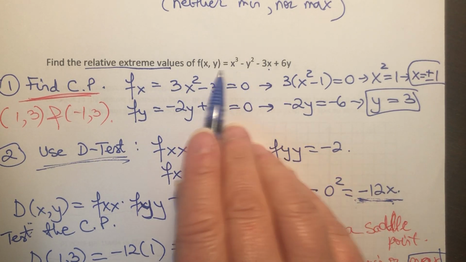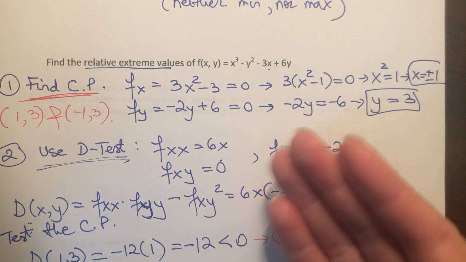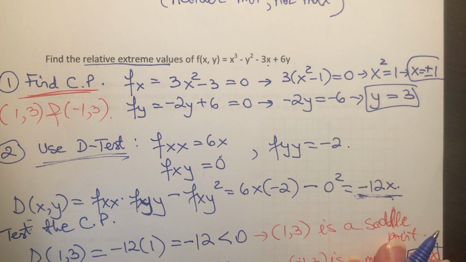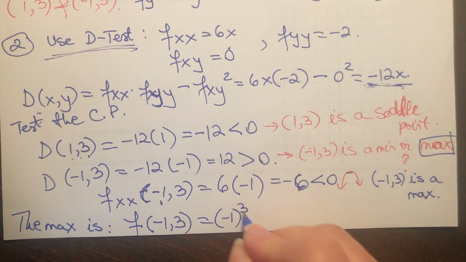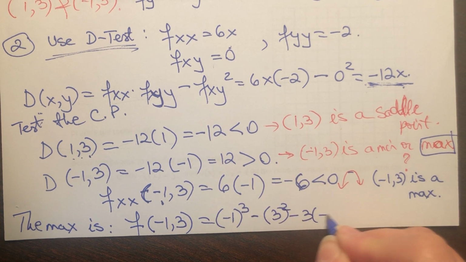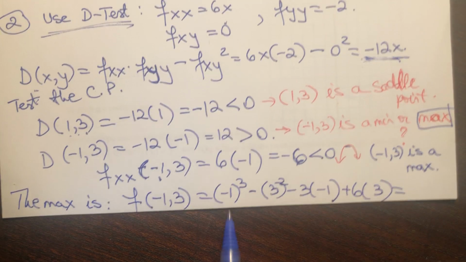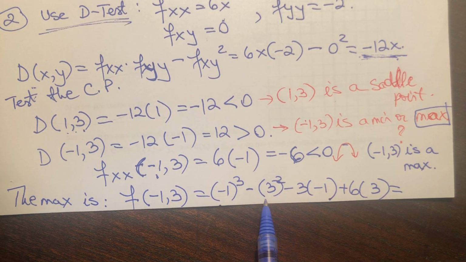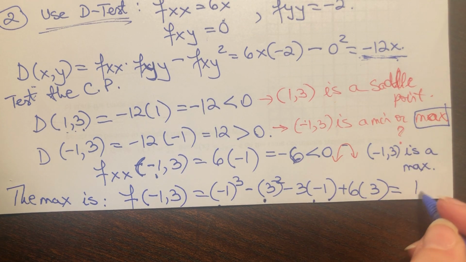So I'm plugging it into the function to get that y value, right? From before, it's a z value now when you have more than one variable. So it says -1 cubed minus 3 squared minus 3 times -1 plus 6 times 3. So that's -1 minus 9 is -10 plus 21, that's going to be an 11.